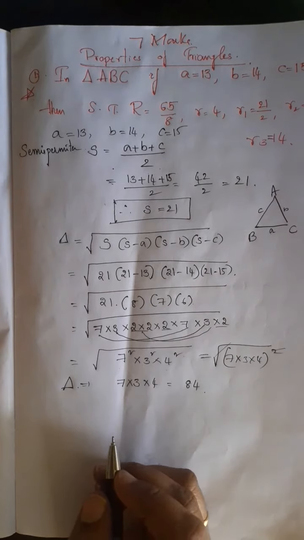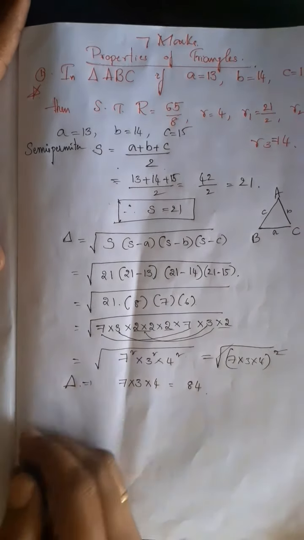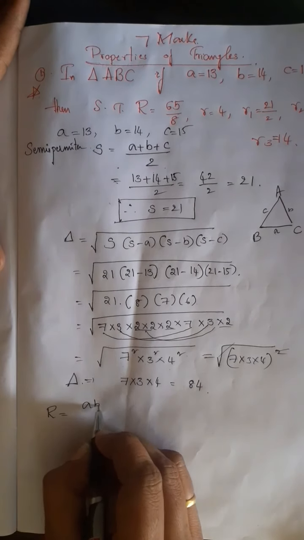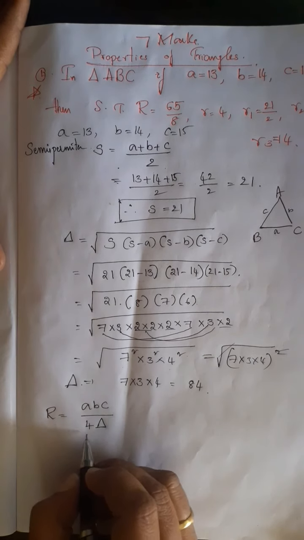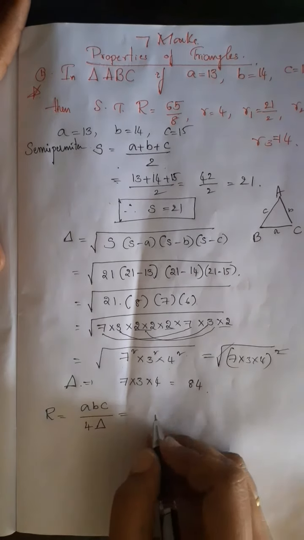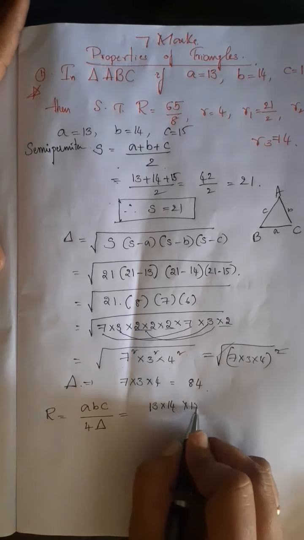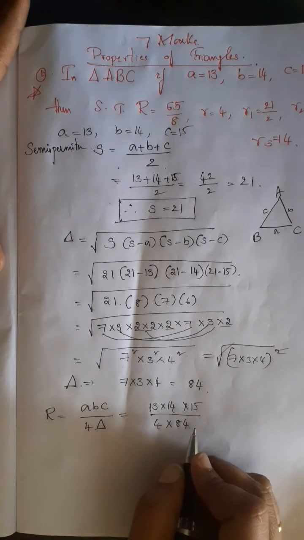Now what will be your next step? Now in your hand you have delta and S. Simply you can find capital R is equal to, what is the formula? ABC by 4 delta. Remember, ABC by 4 delta is equal to, you substitute ABC values, 13 into 14 into 15 by 4 into delta, 84. How many times it will go?